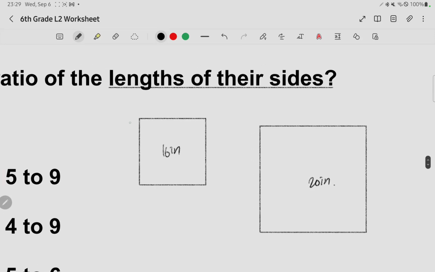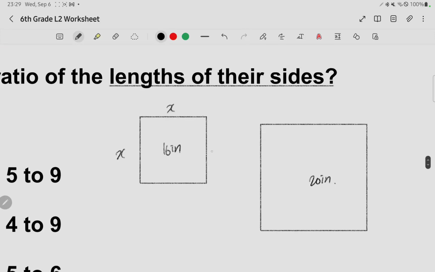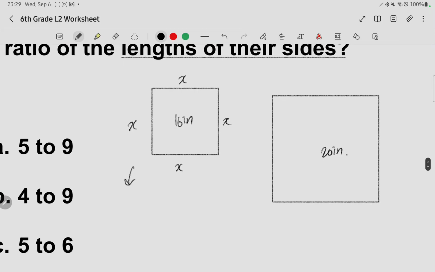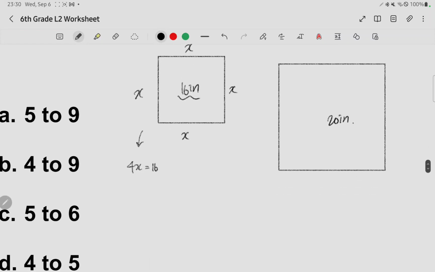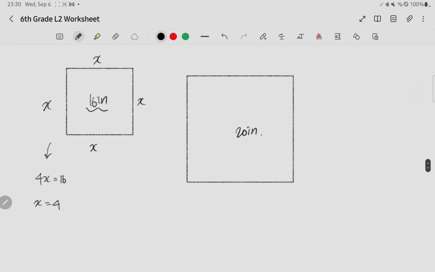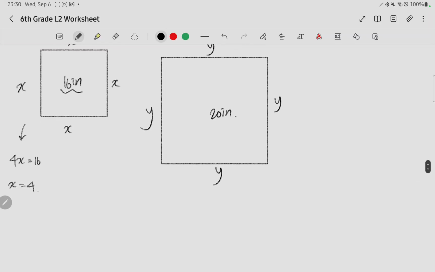And then if we let one side be x, then this means that the other sides are also going to be x. And then we can just solve this algebraically, which then 4x is going to be 16, because 16 is the total perimeter. So x becomes 4. And then if we set this large square's side as y, then we know that the other sides are going to be also y.